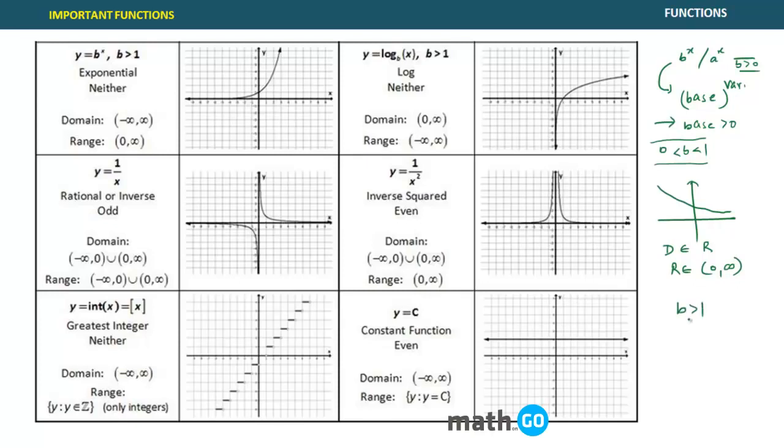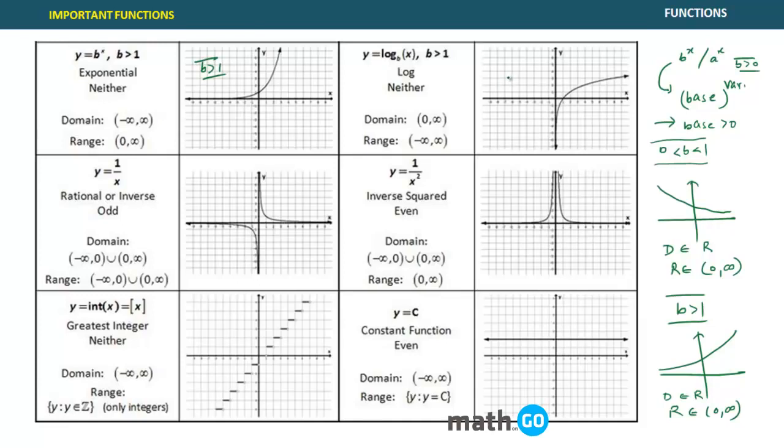Whereas if b is greater than 1, the diagram of the same exponential function would be something like this. Again the domain belongs to R, and the range will be the same. The answers remain the same for both, but you will get different shapes of the curve, as seen. So here the diagram is for b greater than 1.